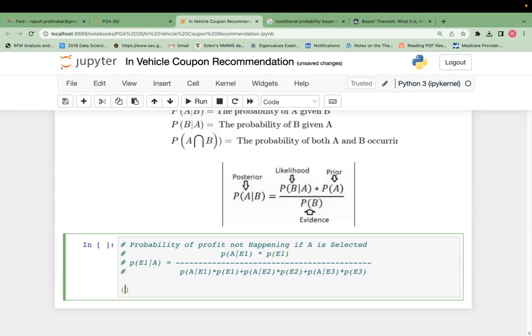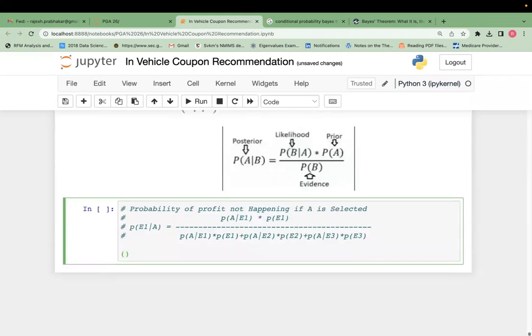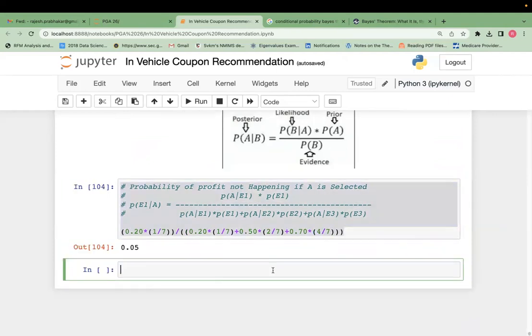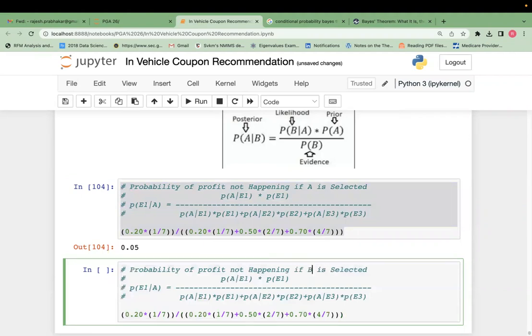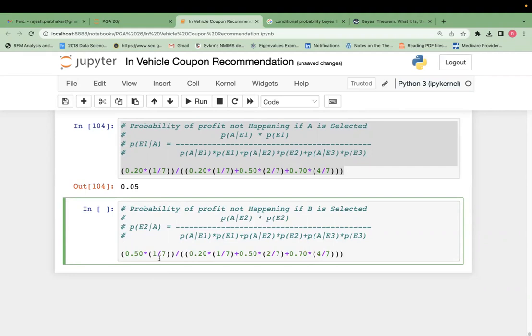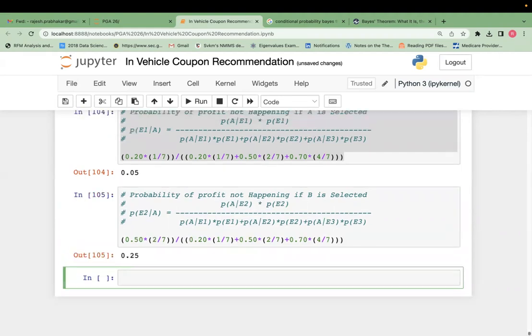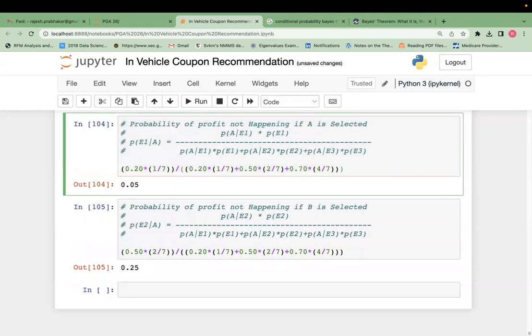The probability of A given E1 is 0.20, multiplied by 1 divided by 7, plus 0.50 multiplied by 2 divided by 7, plus 0.70 multiplied by 4 divided by 7. That gives 0.05. Similarly, if B is selected, this is 0.50 and the rest is the same. A 25% probability is there that profit will not happen if B is selected.